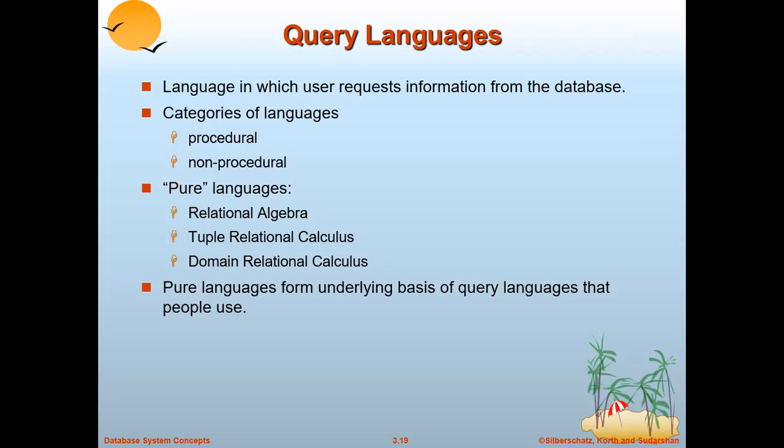So people are using query languages, and below that there is a base language, which is called a pure language. These are relational algebra, tuple relational calculus, and domain relational calculus.